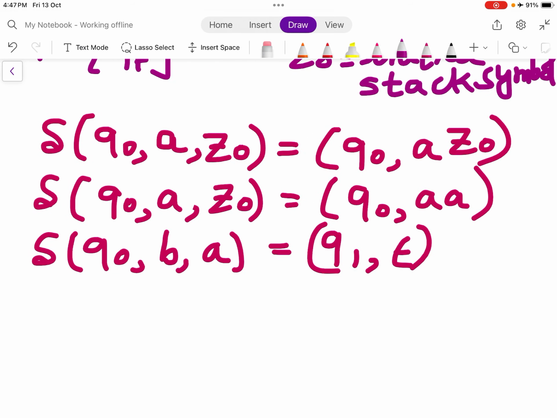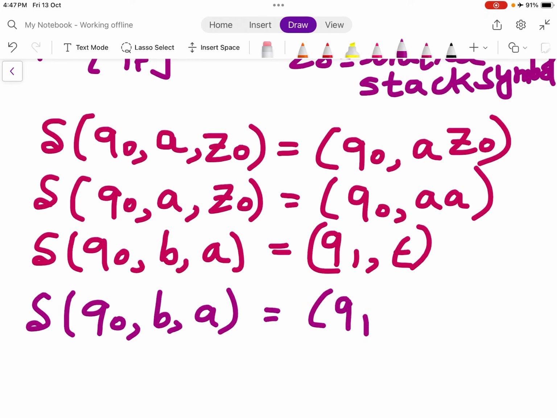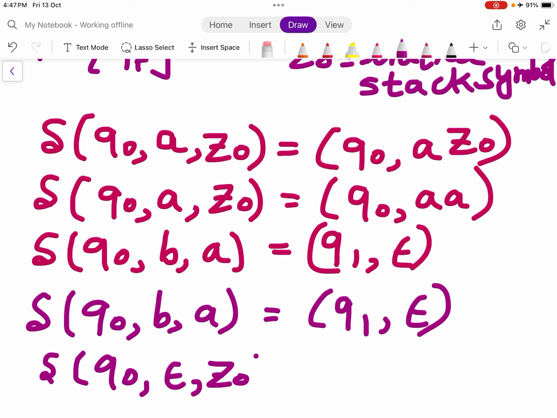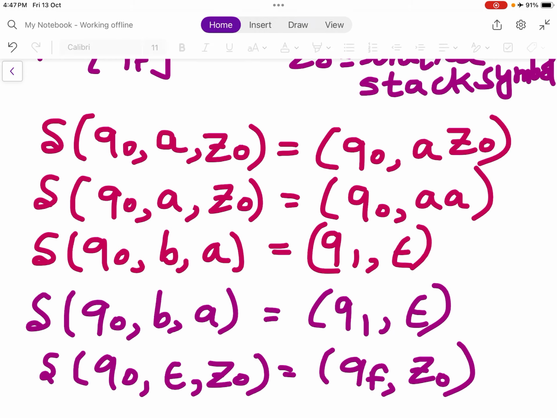Again you have the same self loop, so Q1 on B comma A goes to Q1 and epsilon. Then from Q1, on epsilon, Z0 goes to Q final comma Z0.